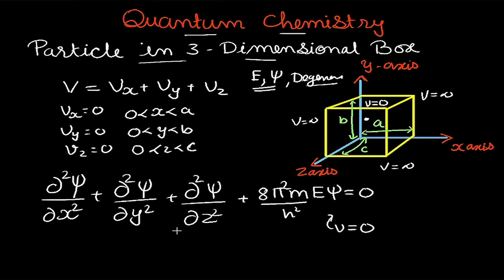So this is our Schrodinger wave equation, and we know that psi is the wave function. This wave function depends on the coordinates x, y and z.